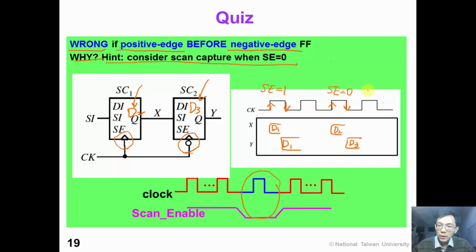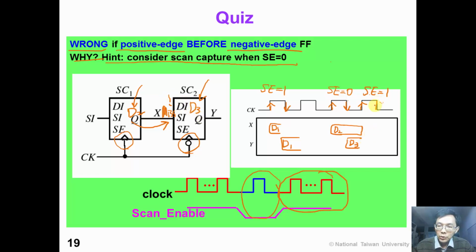And then we would assert the scan enable signal and shift out the result. At the rising edge of the flip-flop, the D2 would be shifted out. But at this time, scan cell number 2 is not ready for shifting. So D2 would be missing.